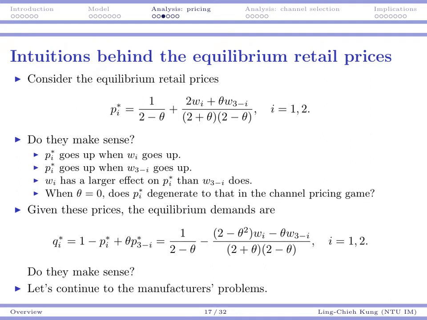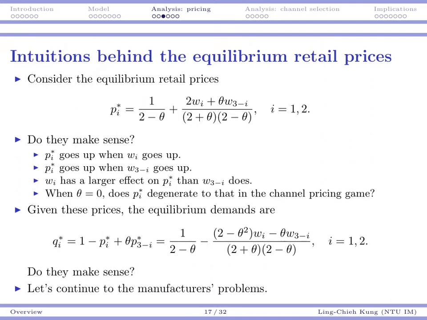Why? If my competitor's wholesale price goes up, then my competitor's price will be forced to increase. And when my competitor increases his price, I have the room to also increase my price a little bit and earn more money from consumers. That's why my price goes up with my competitor's wholesale price.